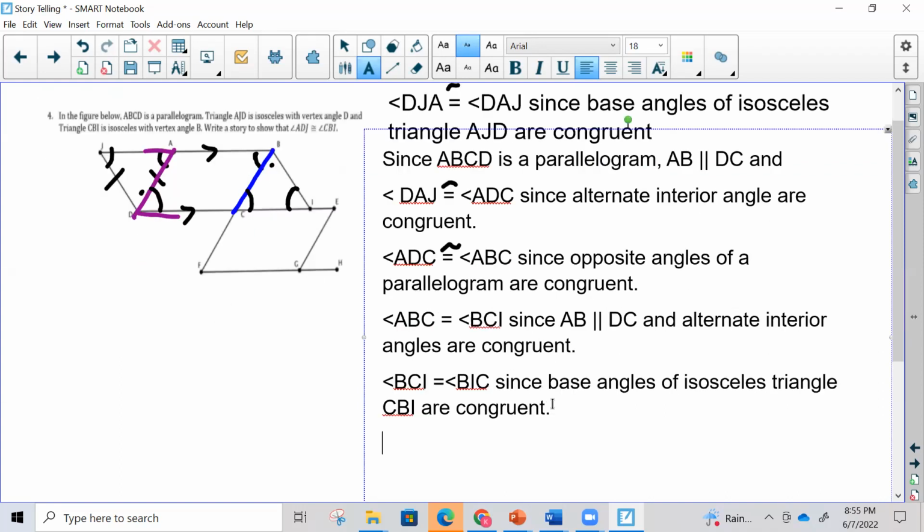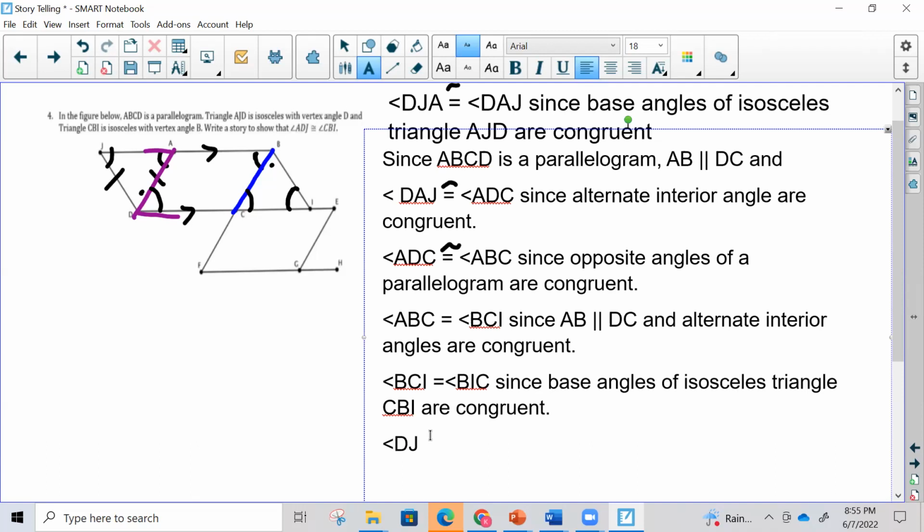And so what we really showed is that this angle DJA is equal to BCI, and we showed that JAD is equal to BIC. So we have these base angles congruent.